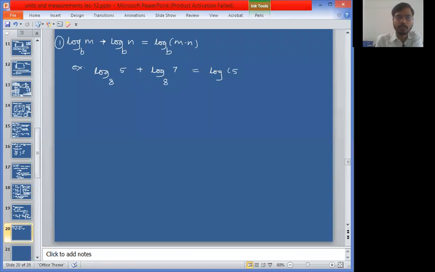Okay, repeat it again and again so that you can remember it. Log m plus log n is equal to log m into n or log mn. So 5 into 7, base 8, 8, 8. B, B, B, 8, 8, 8. Okay.